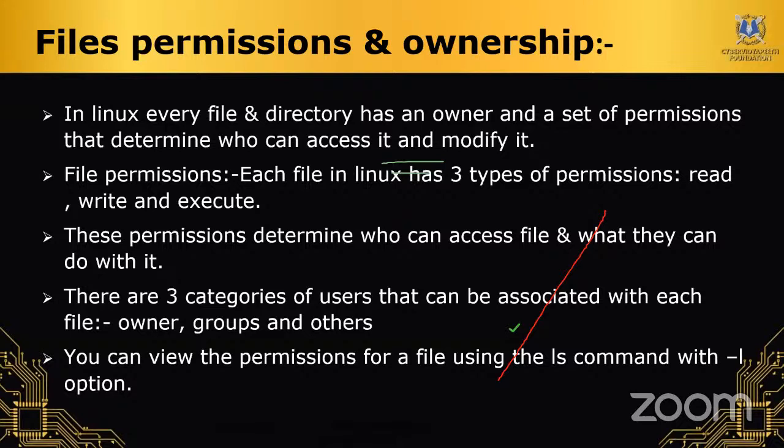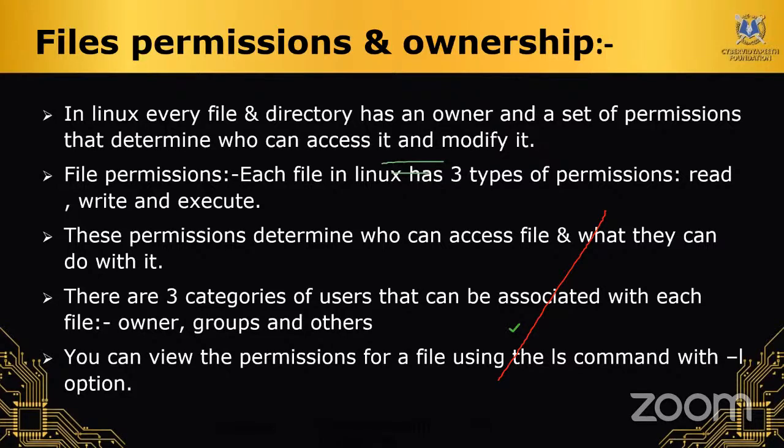Next we have file permission and ownership. In Linux, every file and directory has a set of permissions: who can access it and who can modify it. Each file in Linux has three permissions: read, write, and execute.